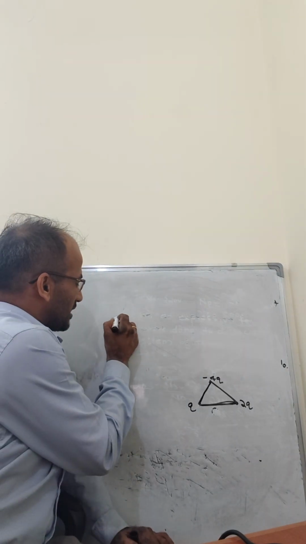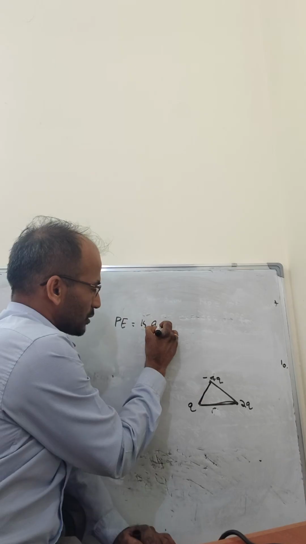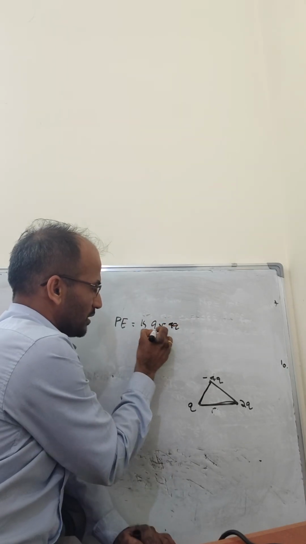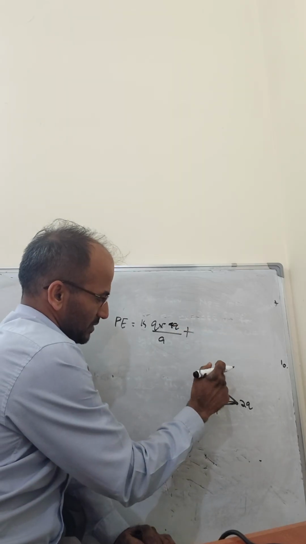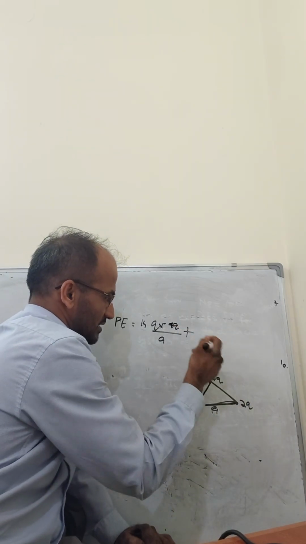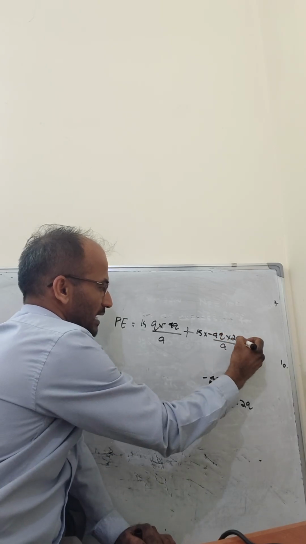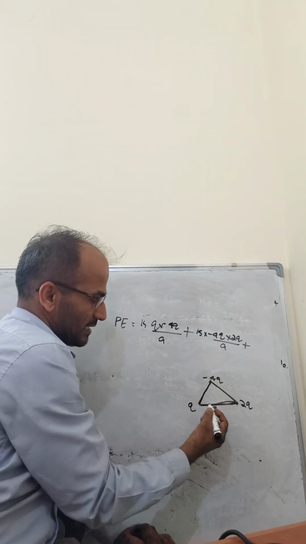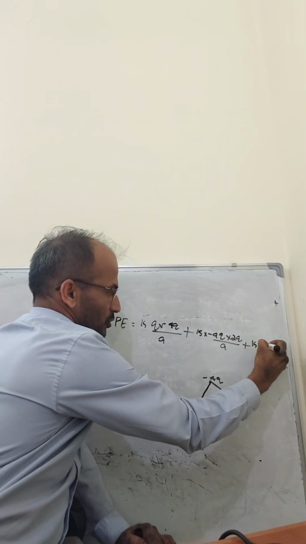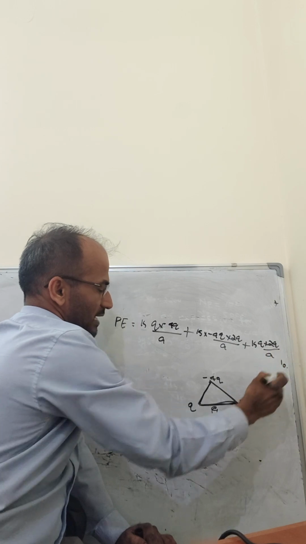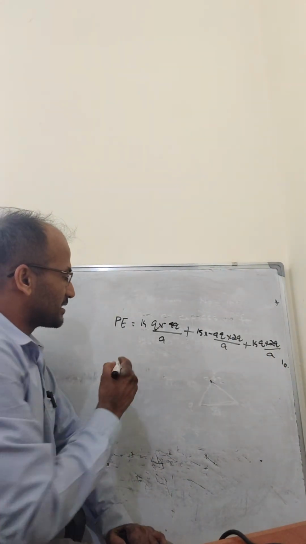So potential energy of the system is K into Q into minus 4Q divided by the distance A, plus the energy required to form this pair, K into minus 4Q into 2Q by A, plus the energy needed to make these two charges here, K into Q into 2Q divided by A. Everywhere K by A is constant.